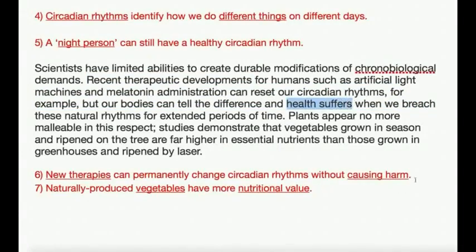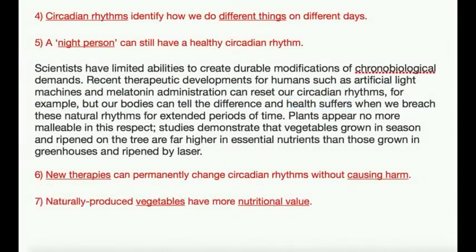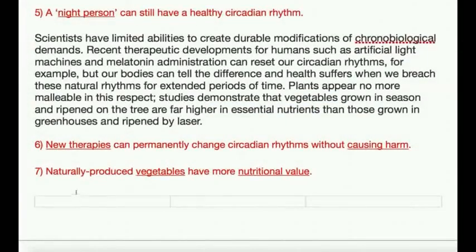So that looks like where that one is. And the next one, naturally, number 7, naturally produced vegetables have more traditional value. So we're looking for vegetables. So if we keep going down the paragraph, we can see vegetables here, grown in season and ripened on the tree. Higher in essential nutrients, nutritional value. So that looks where that question is.